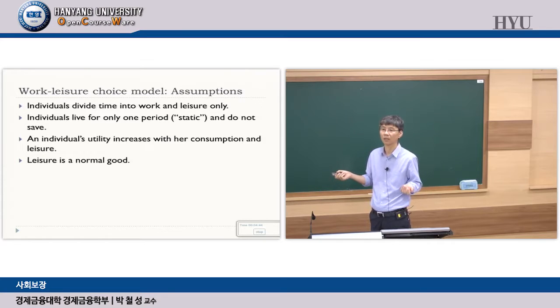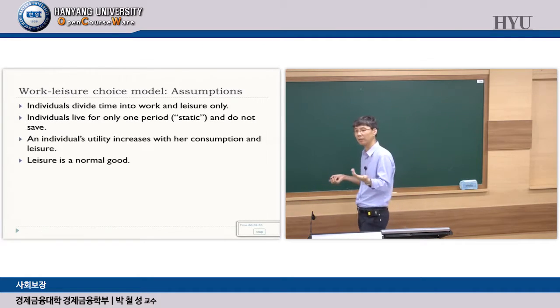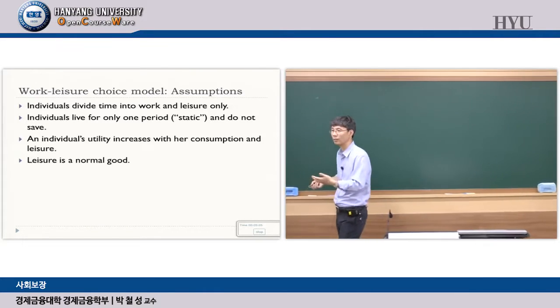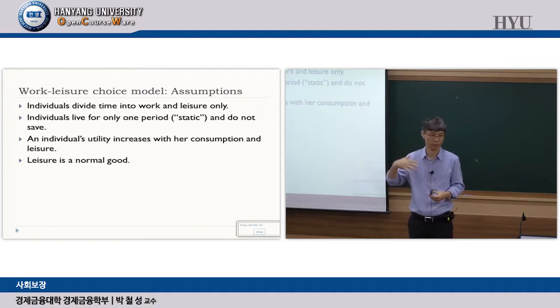So this person has two uses of time, as I said, work and leisure. With more leisure, this person will get happier. So what is the downside of having more leisure? This person will spend less time at work, and less time at work means less money, which means less consumption. So there's a trade-off.